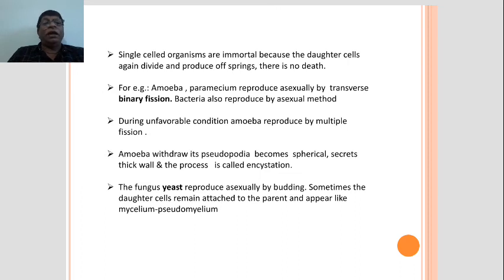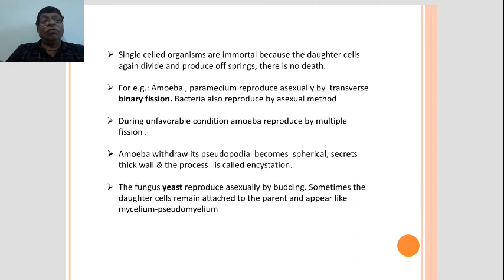Then the nucleus of this cyst, with the return of the favorable condition, divides mitotically into many daughter nuclei. It is followed by the division of the cytoplasm, and a large number of amoebae are formed.